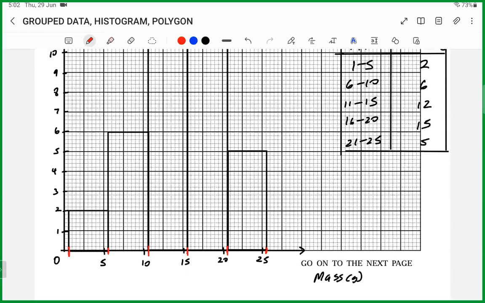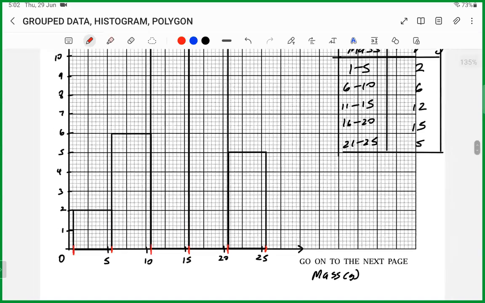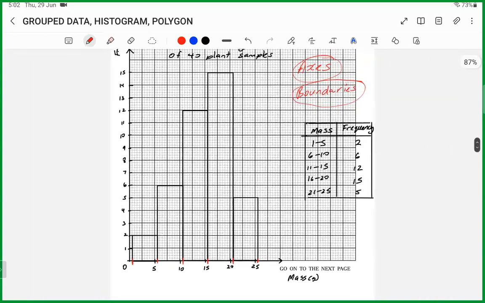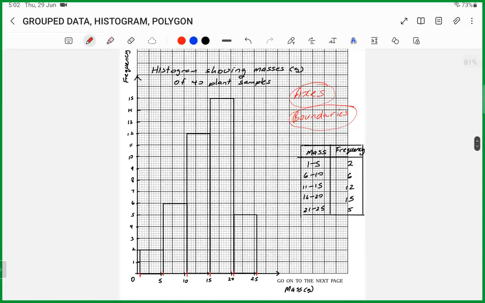So now, once you have marked off the class boundaries, it's going to be easy, right? You have your axes, you have the boundaries, and now all you need to do is fill in the rectangles, okay? The heights of the rectangles are going to correspond to the frequencies.